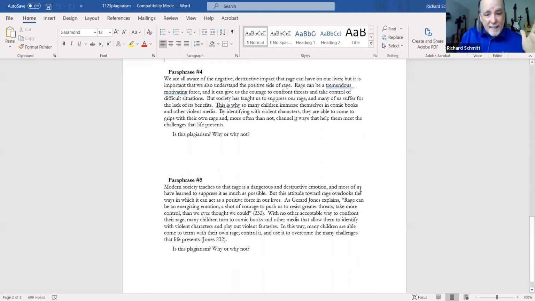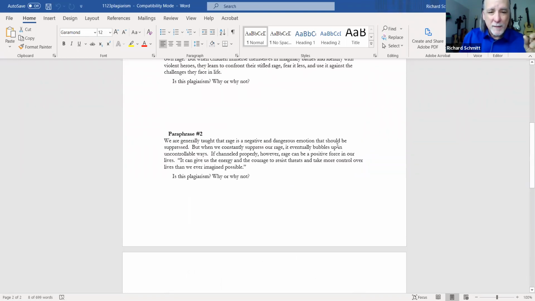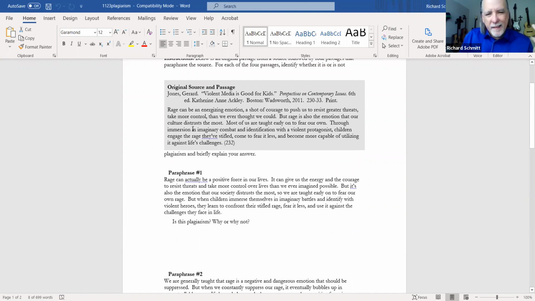If you cite, like this one person is citing and has a page number, it looks good, but you have to look at the whole thing. Does he or she ever use this person's exact words? Typically if you've got 3 or more words in a row, that's too many not to cite it, to say or quote it, I'm sorry.